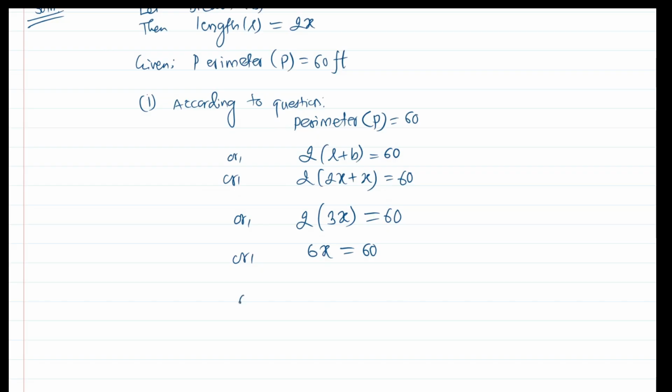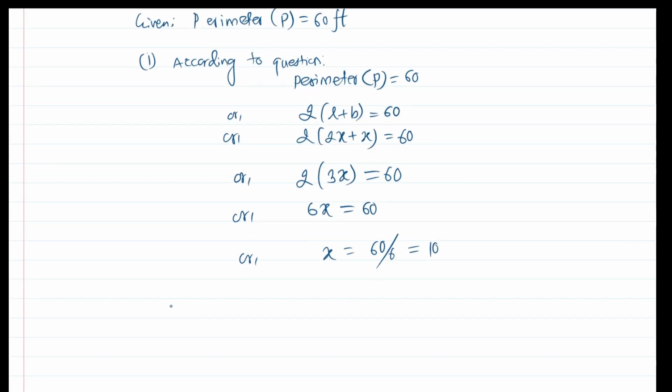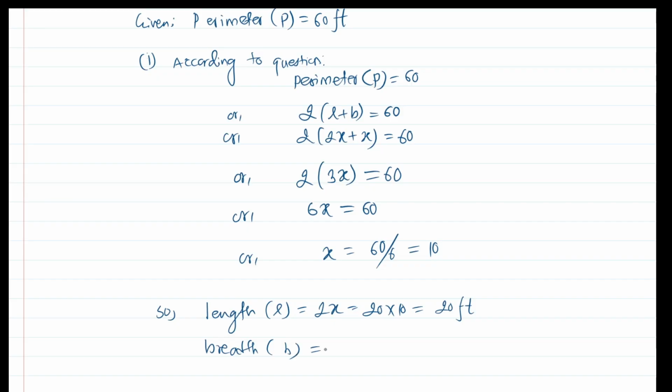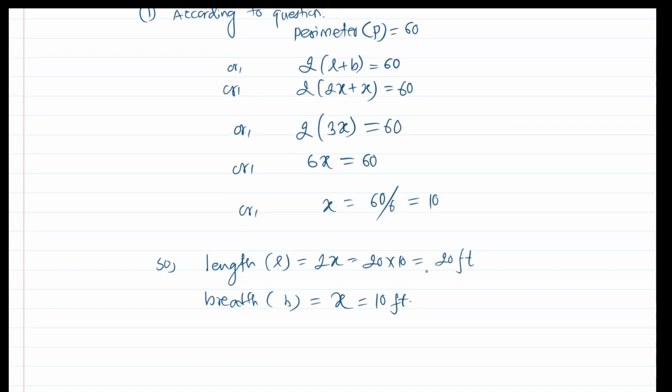So we need the value of x. So x is equal to 60 divided by 6, that will be equal to 10. So length L is equal to 2x, that is 2 into 10, which will be equal to 20 feet. And breadth B is equal to x, that is 10 feet. So length and breadth are 20 feet and 10 feet respectively.